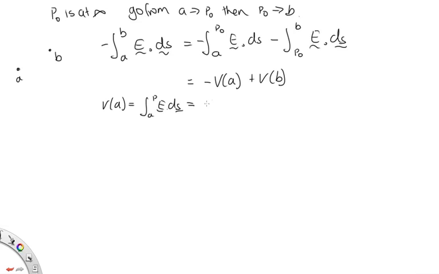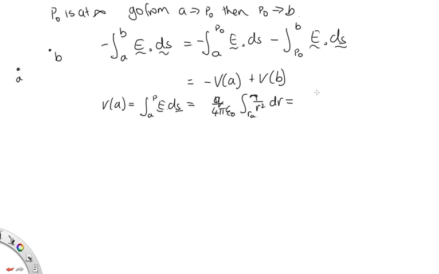and E for a point charge, that's 1 over 4 pi epsilon naught, and then we end up with the integral. We've got a Q out the front and we've got 1 on R squared dr, and this is going from A, which is at radius A, up to infinity.